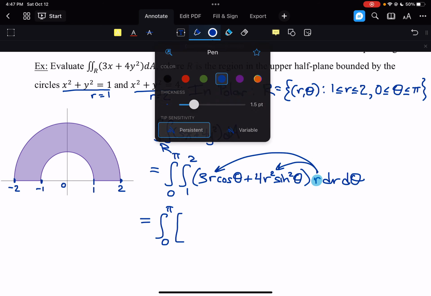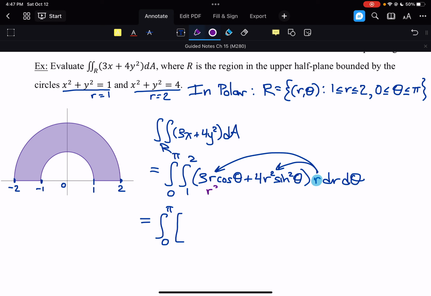That's going to be an r squared, and that's going to be an r cubed instead. Now, if we take the antiderivative, that's going to be r cubed cosine theta plus r to the 4th sine squared theta, evaluated from 1 to 2.